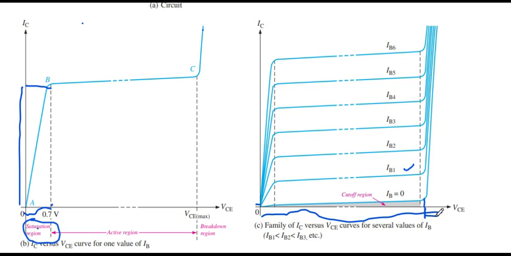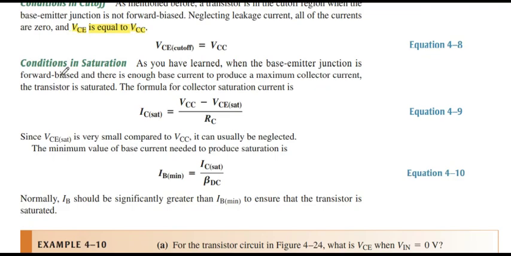Sorry, I went forward, but it reaches that point, and from there to there it is in the saturation region while VCC is very high. I go back. So in the saturation region, IC is very high as compared to VC and VCE. And IB minimum is equal to IC divided by beta DC.